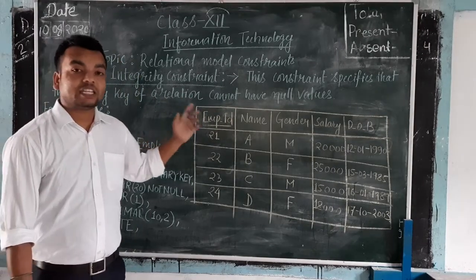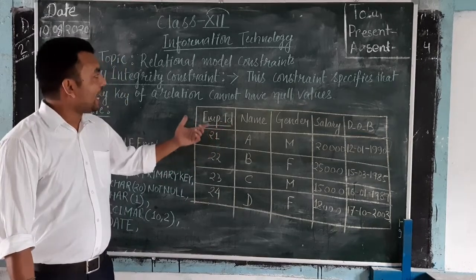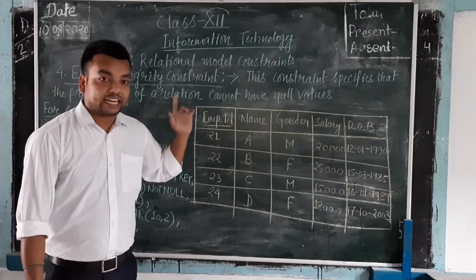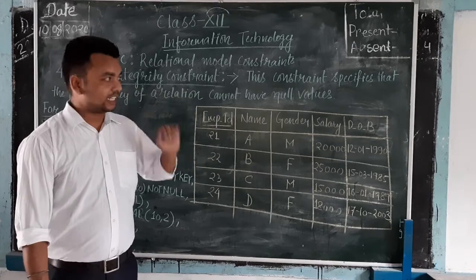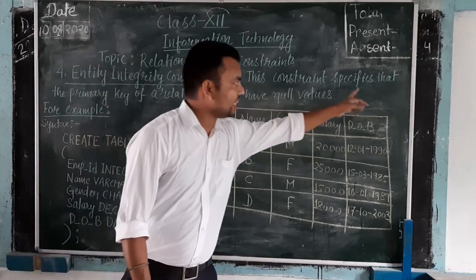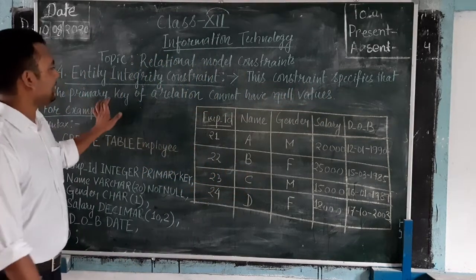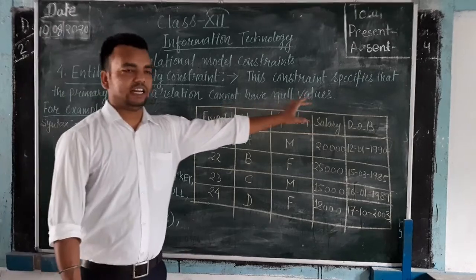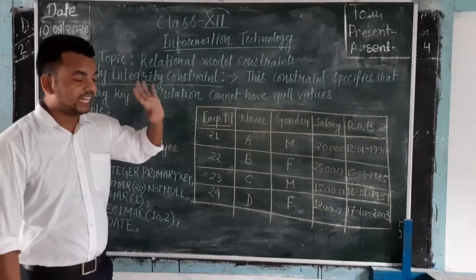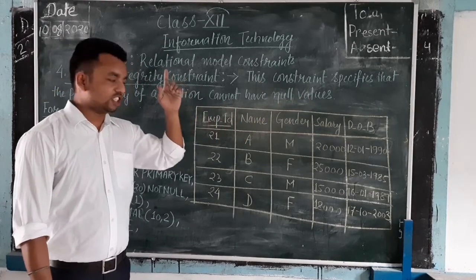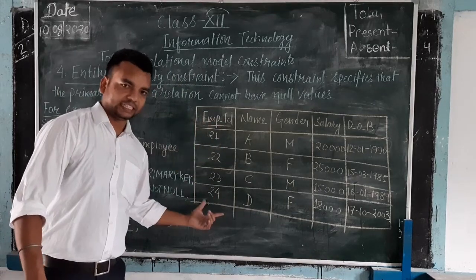Here, in what situation or why do we use entity integrity constraint? Let us see. This constraint specifies that the primary key of the relation cannot have a null value. As in our previous discussions, we have discussed the concept of primary key. Correct?